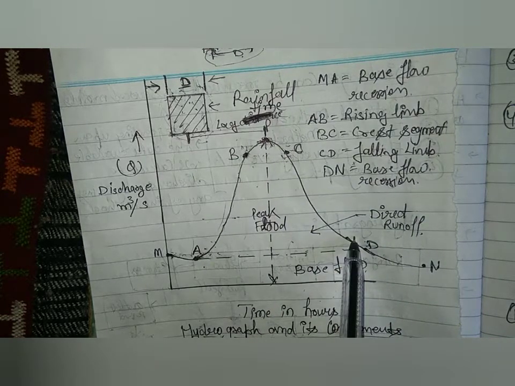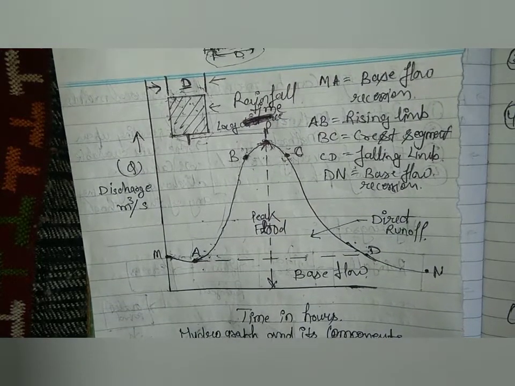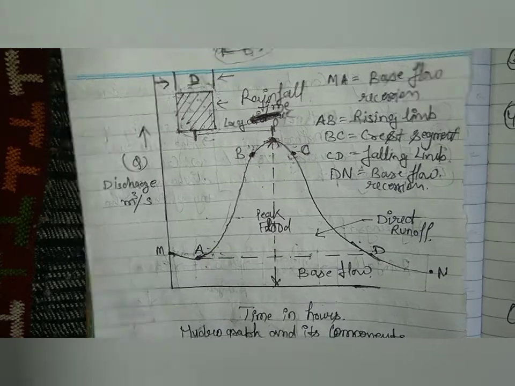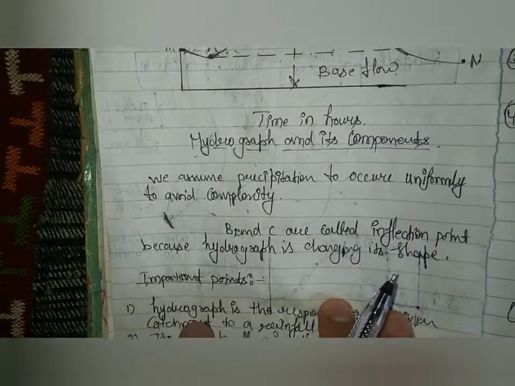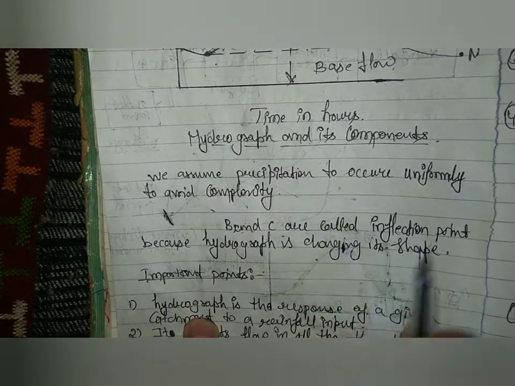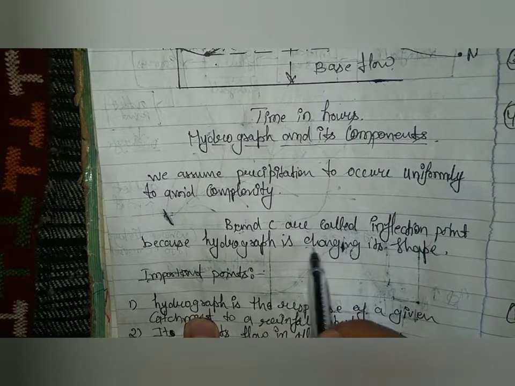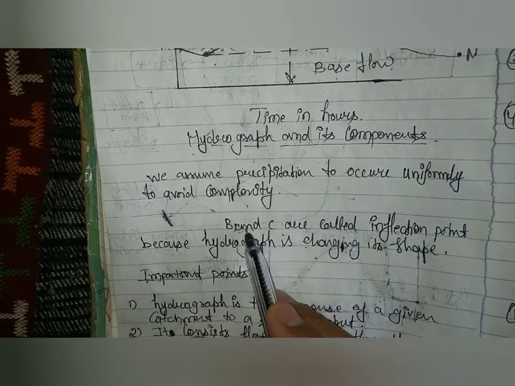So this is the hydrograph for a storm. B and C are called the inflection points because the hydrograph is changing its shape at these points B and C.